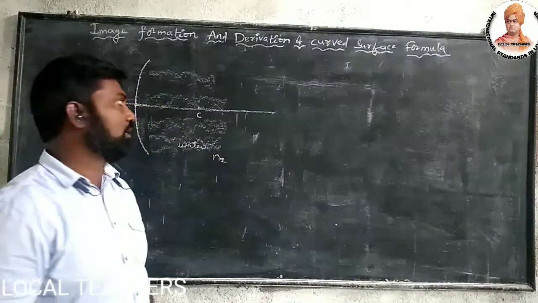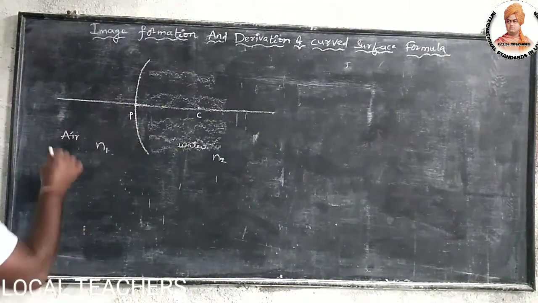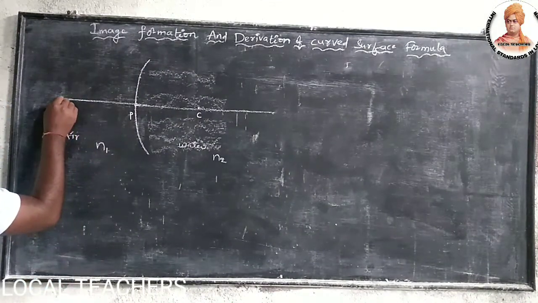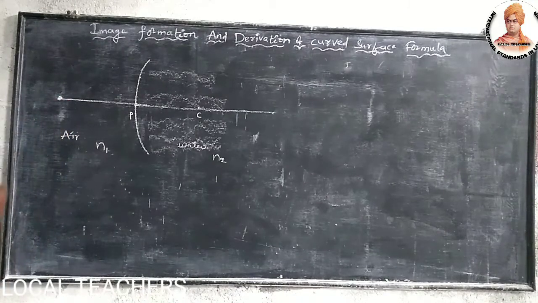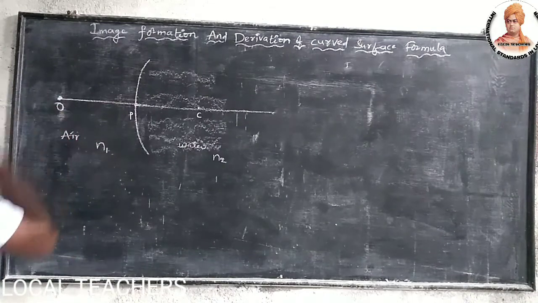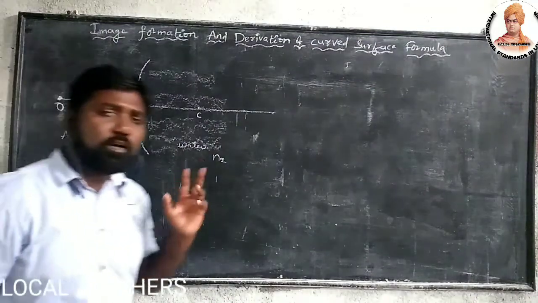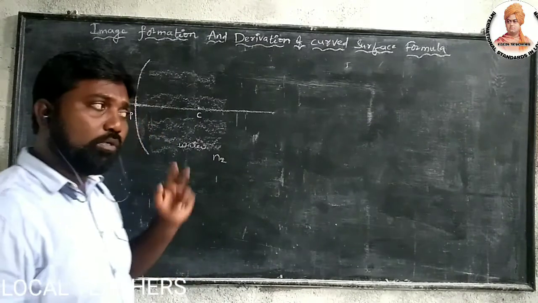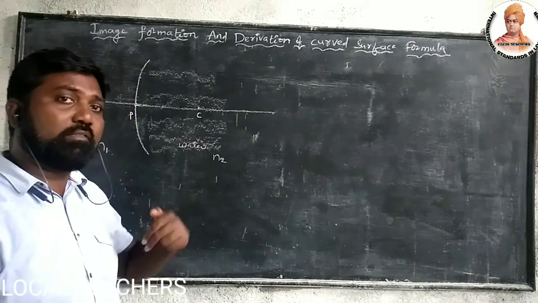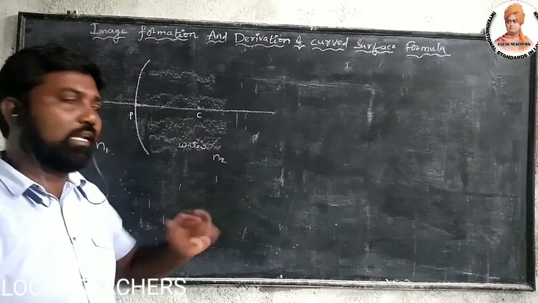At a distance on the principal axis, I am considering a point object, that is O. In order to form the image, I require two refracted rays. For that, I require two incident rays.